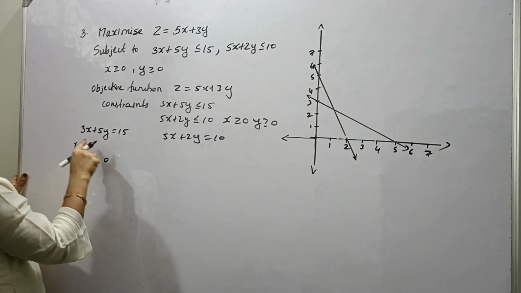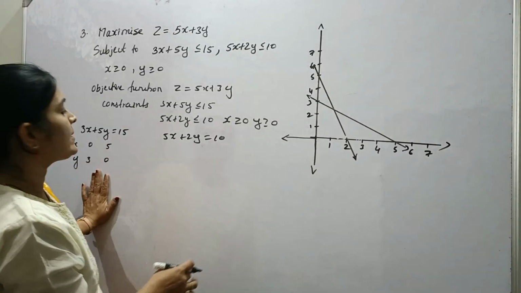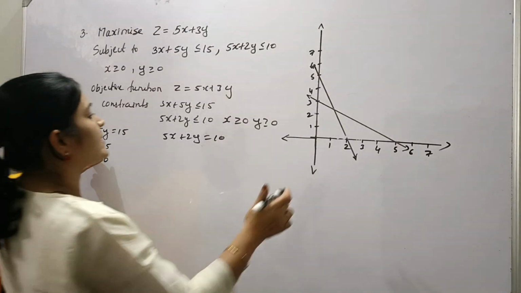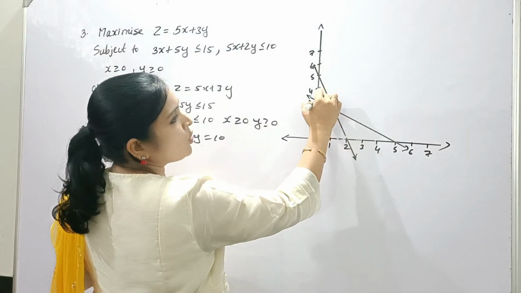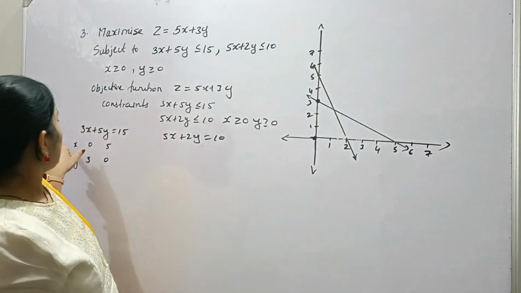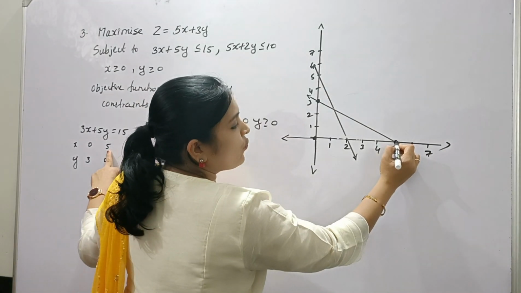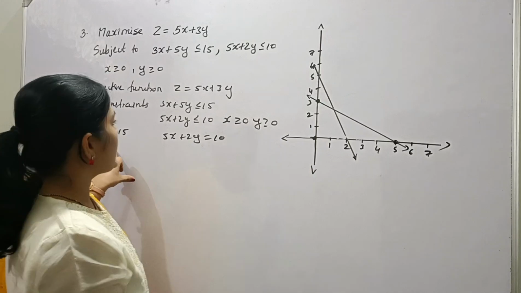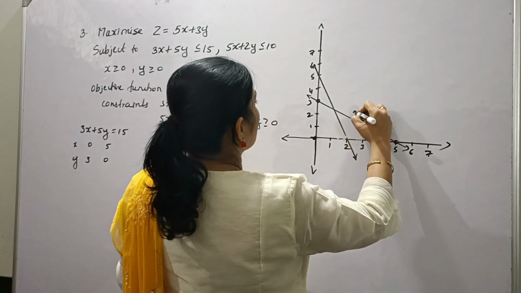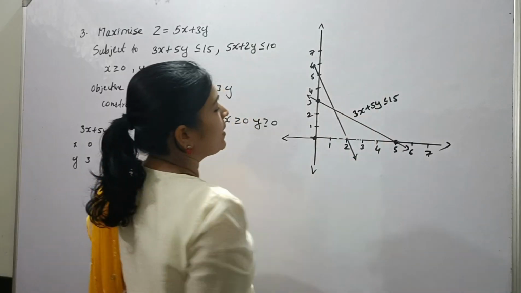Put y is equal to 0, what is x? 5, right? Then let's plot the points. X is equal to 0, y is equal to 3, it is the point 0, 3. Then x is equal to 5, y is equal to 0, it is the point 5, 0, okay? And join these points. So it is the line 3x plus 5y equal to 15.